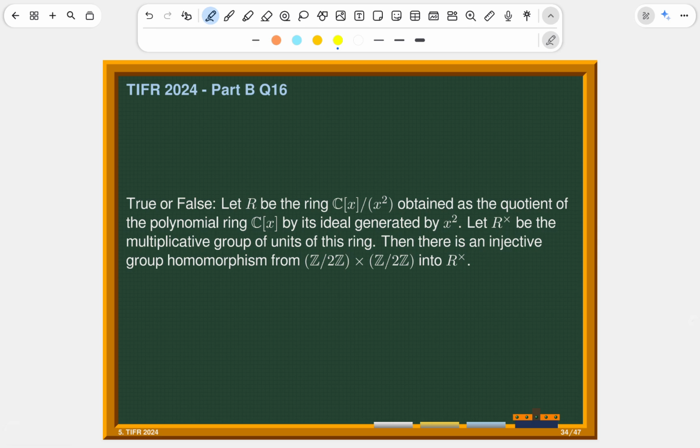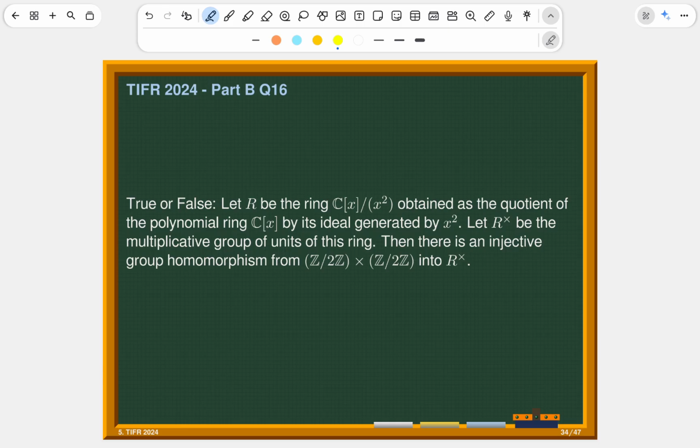So the next question is again a true or false type of question. Let R be the ring C[x] mod x squared, obtained as the quotient of the polynomial ring C[x] by its ideal generated by x square. Let R cross be the multiplicative group of units in this ring. Then there is an injective group homomorphism from Z mod 2Z cross Z mod 2Z into R cross.